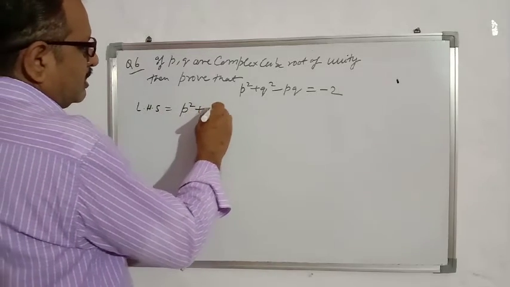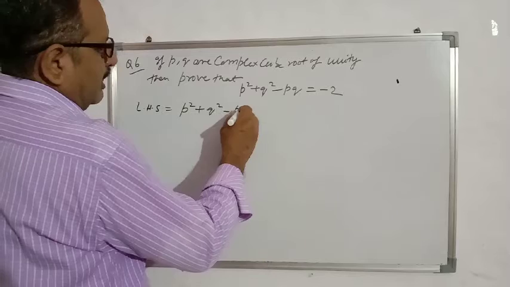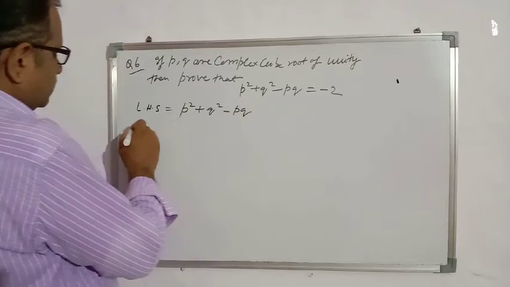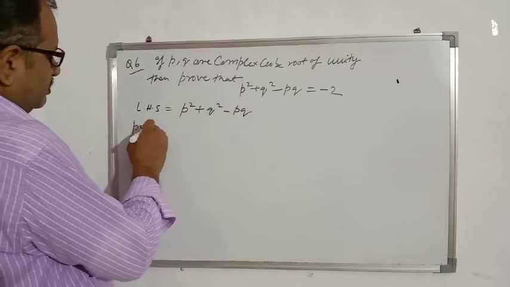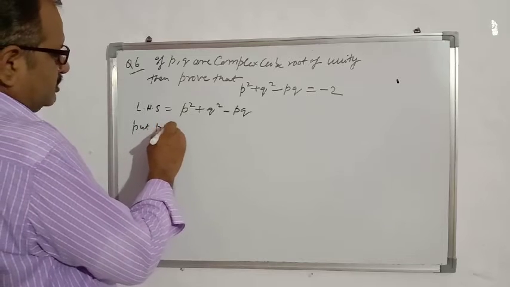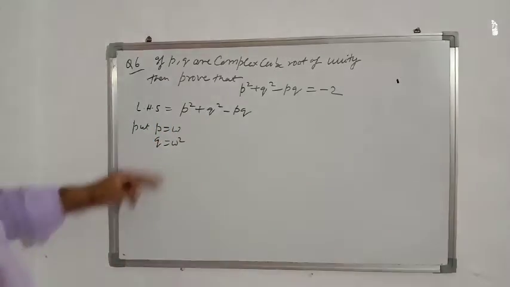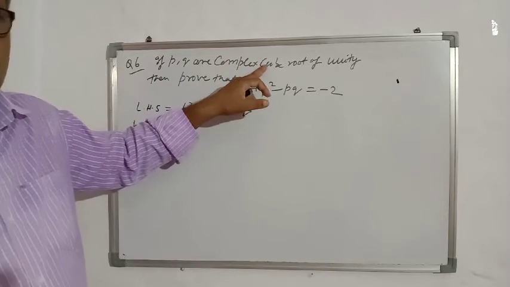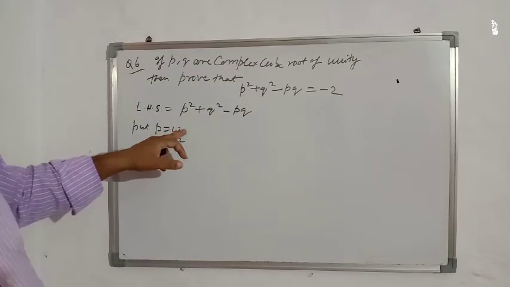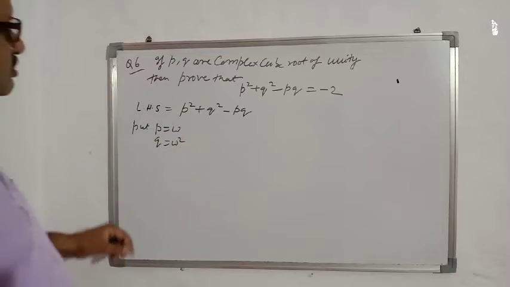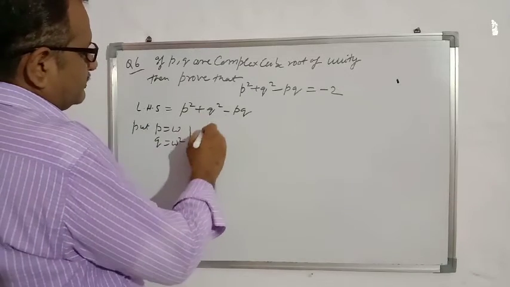p square plus q square minus pq. Now we will put p is equal to omega and q is equal to omega square. P and q are complex cube roots of unity, so let us take p is equal to omega and q is equal to omega square. So what we will get?